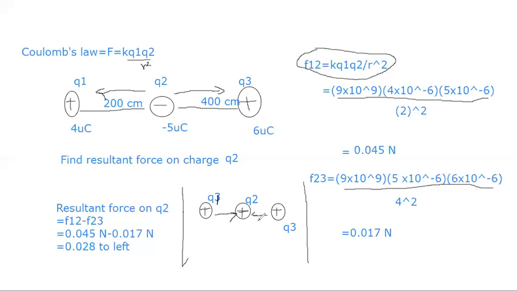So again this time there is a repulsive force, and we will again take the same thing, that we will calculate the force between here, and we will calculate the force between here, and then we will find which force will be the dominating one. So if the force from this side will be greater, Q2 will move there, and if the force from this side will be greater, Q2 will move to the opposite side, so that force will decide. And again we have to subtract them to get the resultant force.